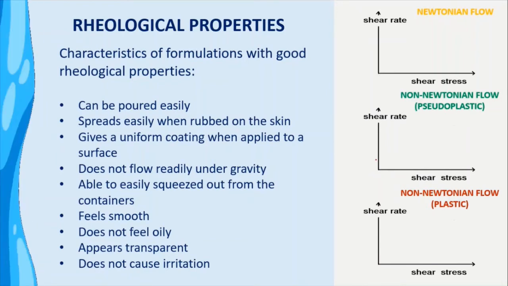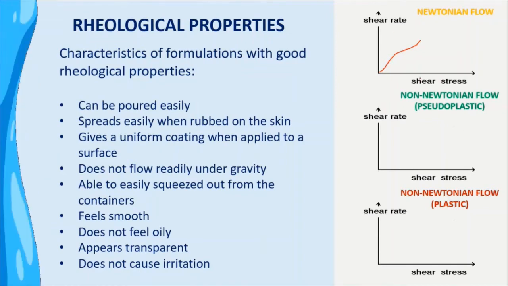So, for Newtonian flow, it has a linear relationship. It's a straight line between shear stress and shear rate. And if you draw a triangle here, it has a constant gradient which indicates constant velocity.